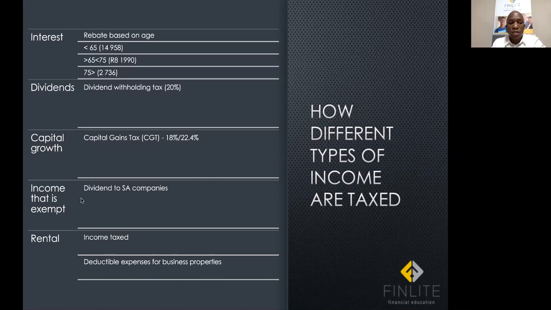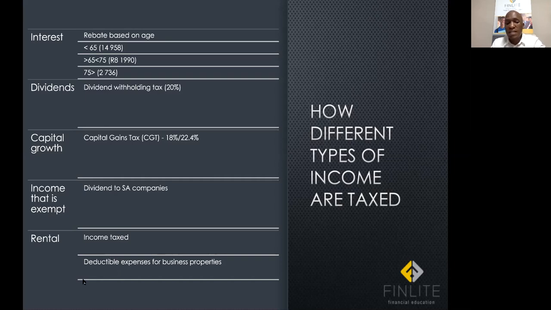So let's look at the income that is exempt. We spoke about dividends from SA companies as an example. There are other exempt incomes. Donations between spouses, for instance, are exempt. And then there's rental. Rental is taxed income, so it will form part of your gross income, and then you calculate downwards from exemptions. But the good thing is that there are deductible expenses.